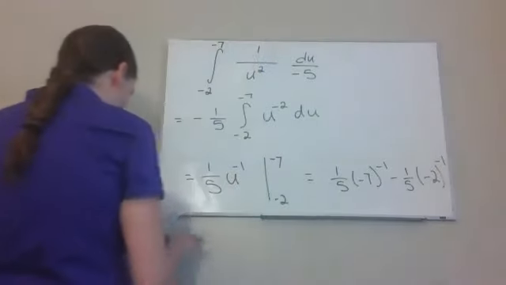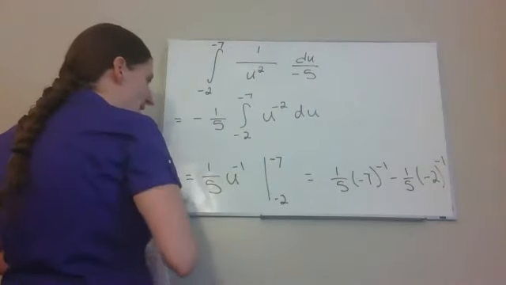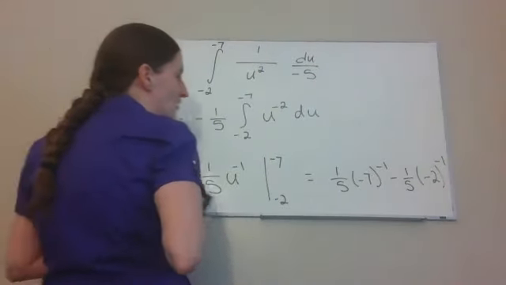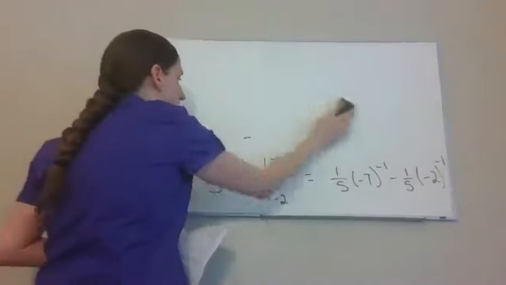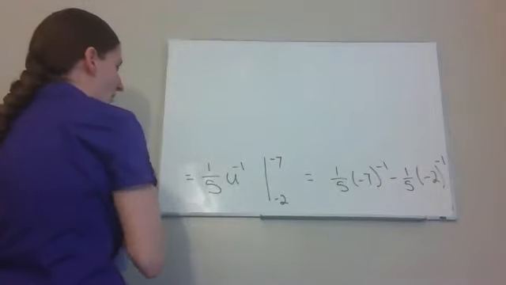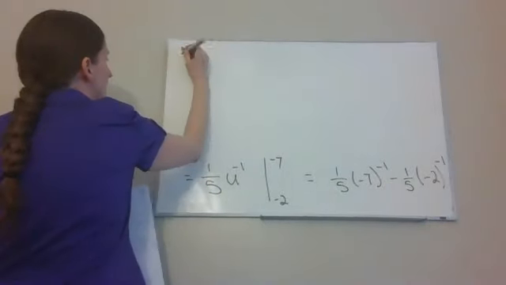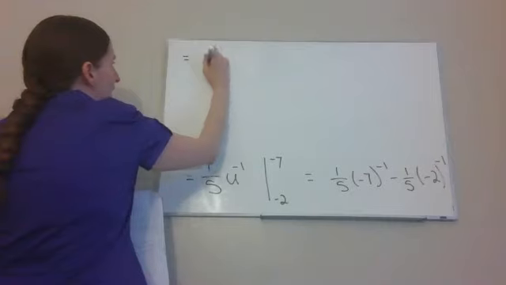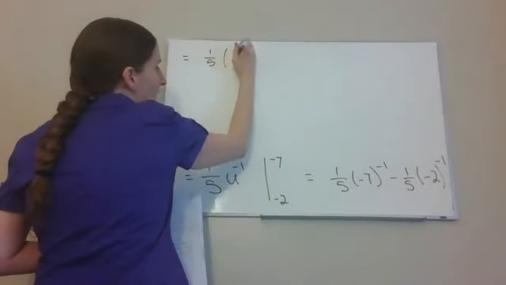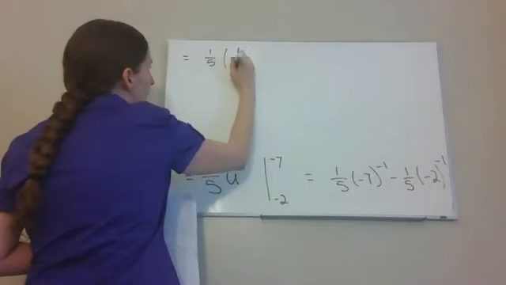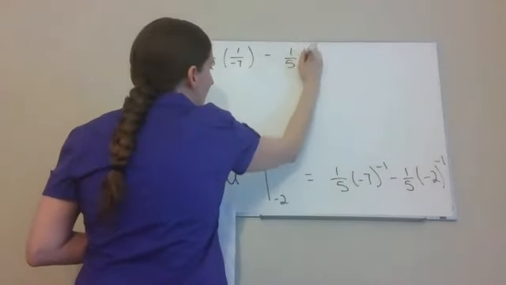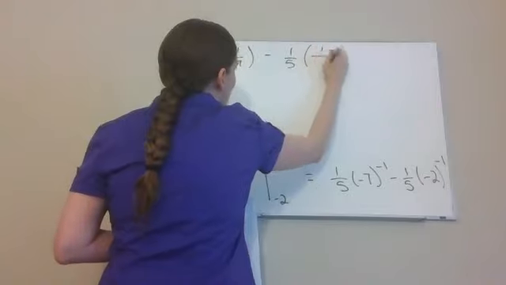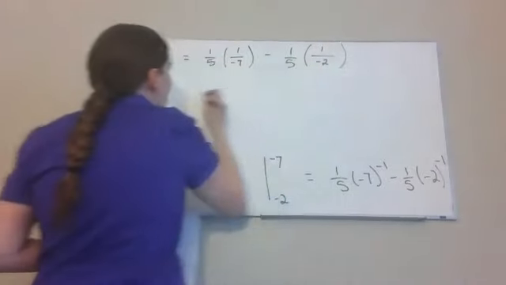And we can simplify that a little bit. Remember, a negative 1 power, we just get to flip this to the denominator. So I'm going to have a 1/5 times a 1 over negative 7, and then minus a 1/5 times a 1 over negative 2.